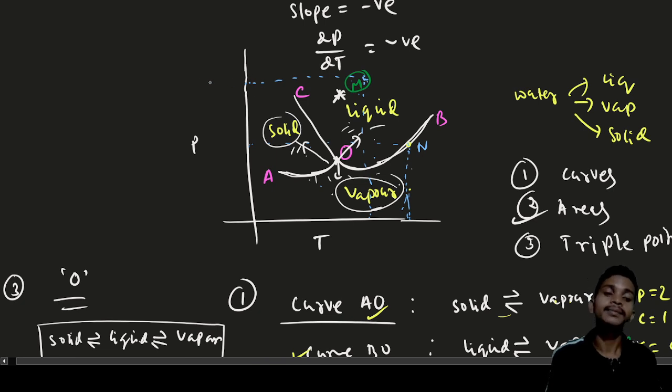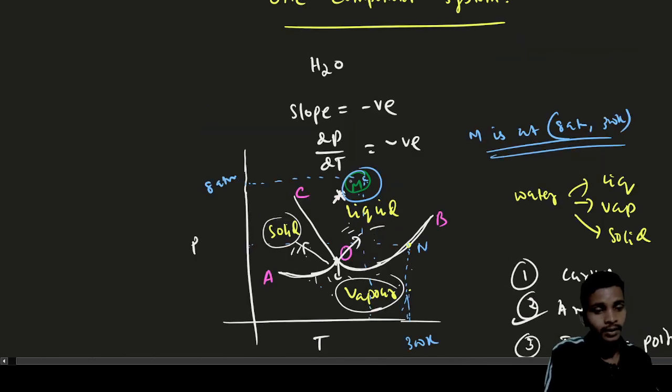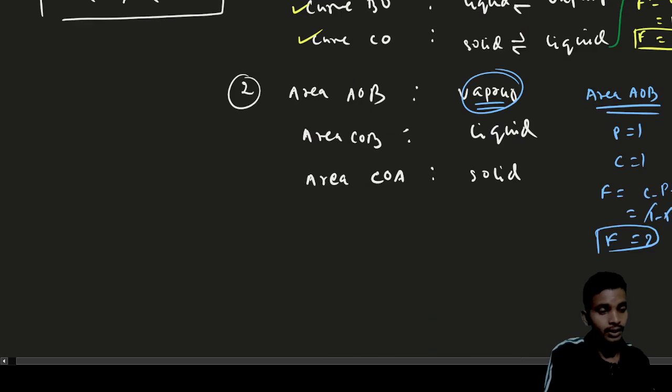Suppose this is 8 atm and this is 300 Kelvin, then we say that point M is at 8 atm and 300 Kelvin. So if any point is present in an area, we need two variables to explain it. That is what it means when F is equal to 2.